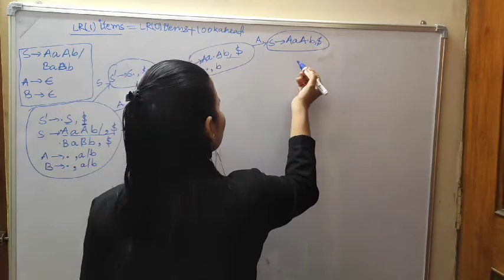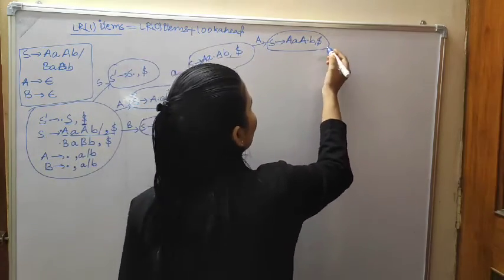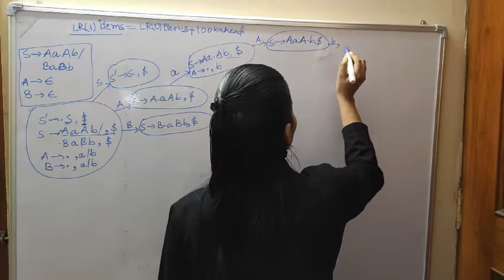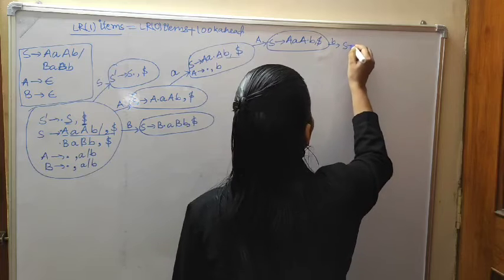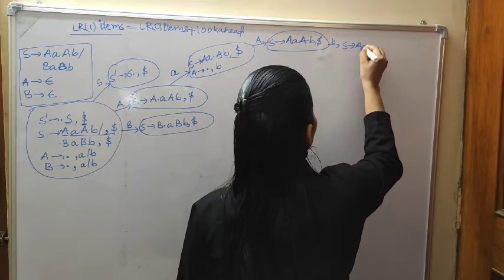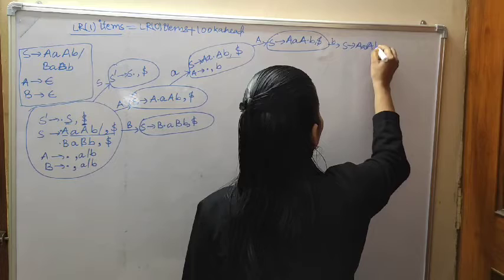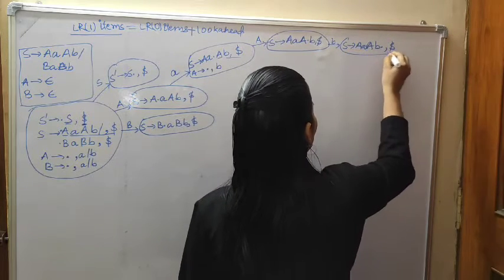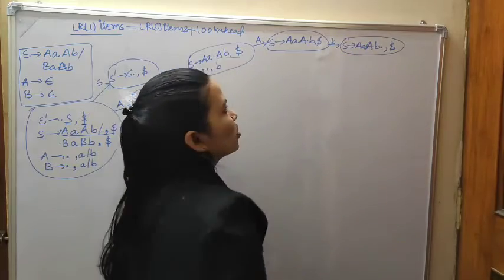Then now B has been given. So from this B we will look ahead. B will be written. Okay, S2 A B dot and then dollar. This is the final.